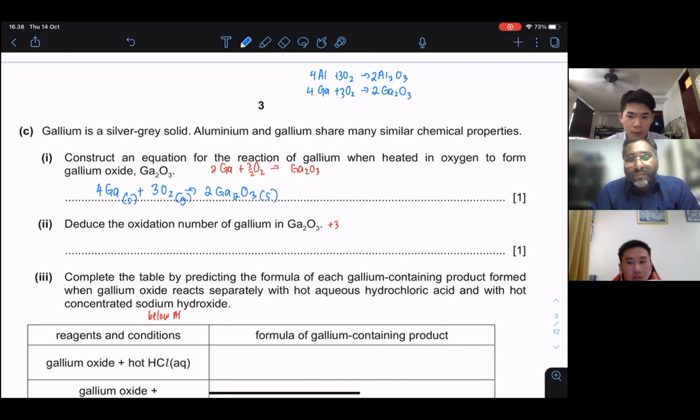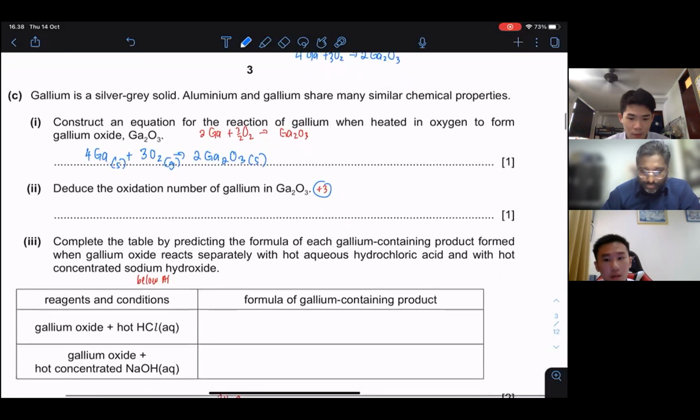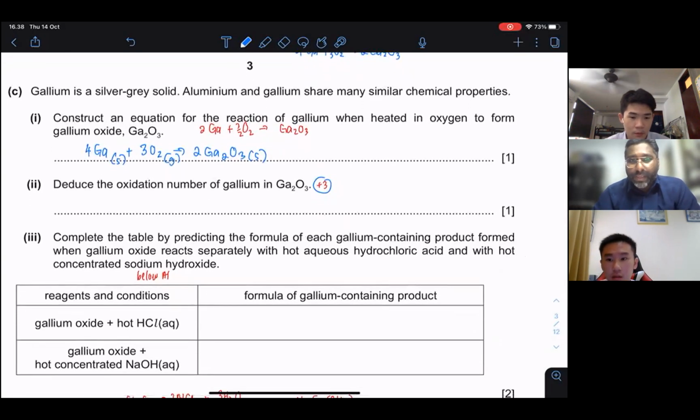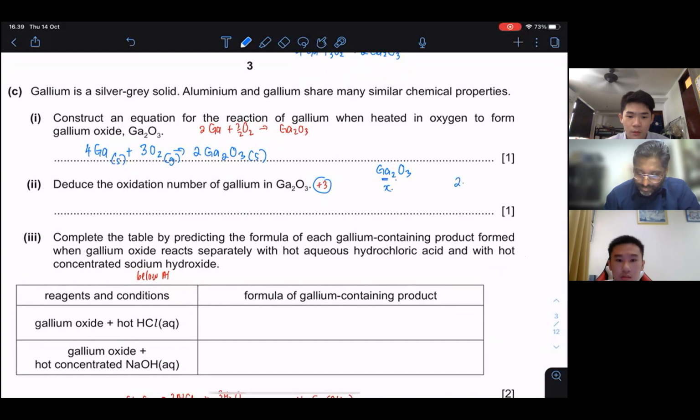Deduce the oxidation number. The answer is +3, but I'll show you how you can actually get this number. This one is Ga2O3, and I just want Ga, so I put it as X. So 2 times X, you put 2X plus oxygen. Oxygen is always -2, so 3 times -2.